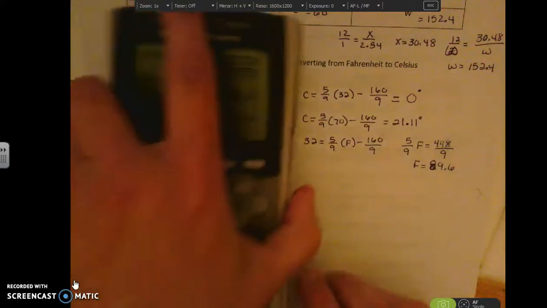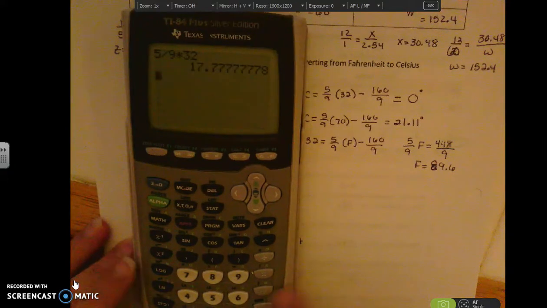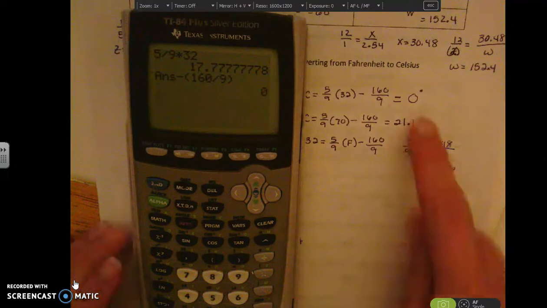So on my calculator, I'm going to do 5 divided by 9 times 32. I'm going to go ahead and press equal. And then I'm going to do minus 160 divided by 9, and I end up with 0.